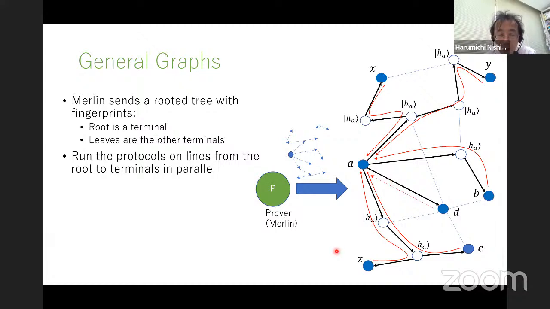On the other hand, if some part is different, for example A and B are different, then this line catches that the data is not equal with some probability, say 1 over R squared times the graph size. We can repeat this protocol in parallel again to improve the soundness.